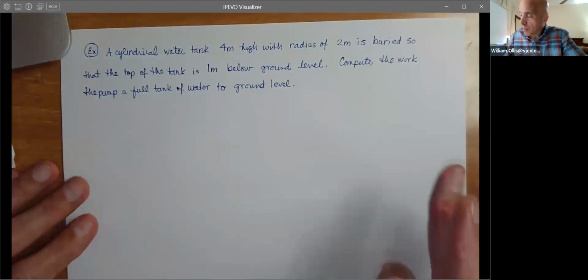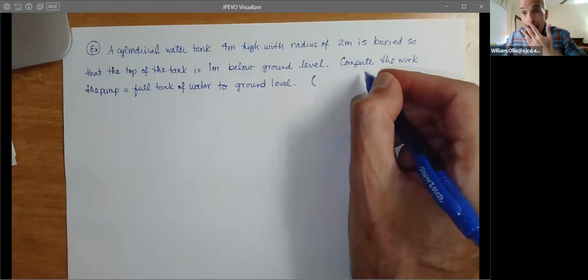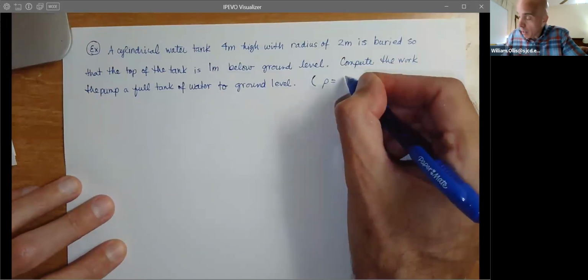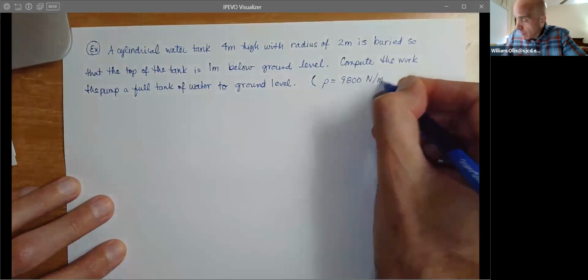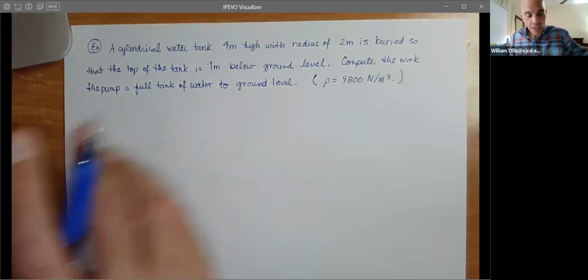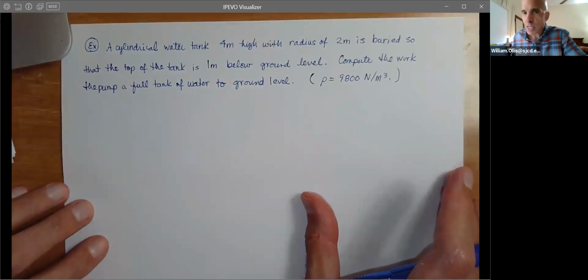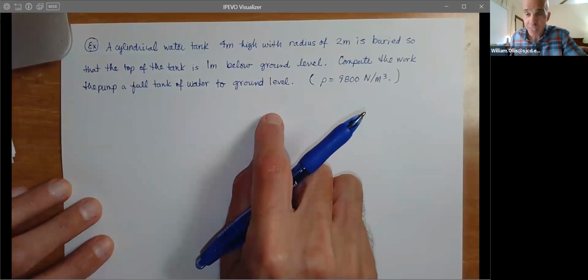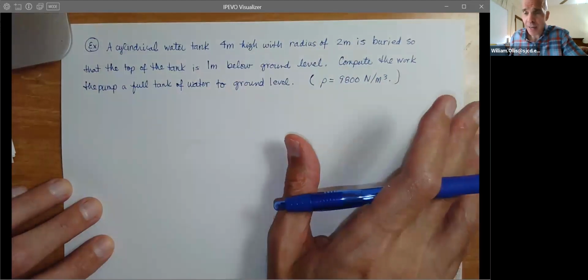Now, WebAssign is wanting you to use the metric system. So they're going to give you rho to be 9,800 newtons per meter cubed. Just remember when you're doing these problems, if they don't ask for an approximation, you can even type products in your answer. WebAssign will usually accept it if you don't want to multiply everything out.